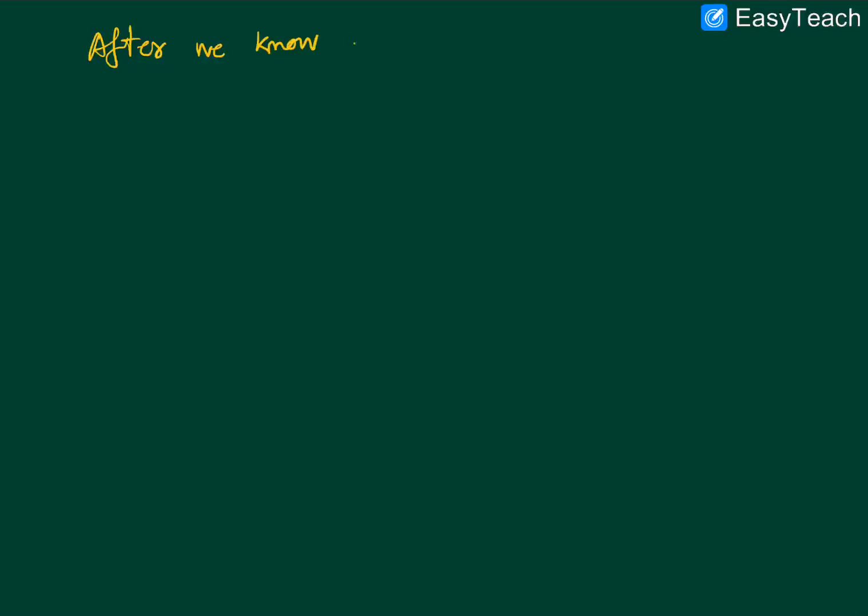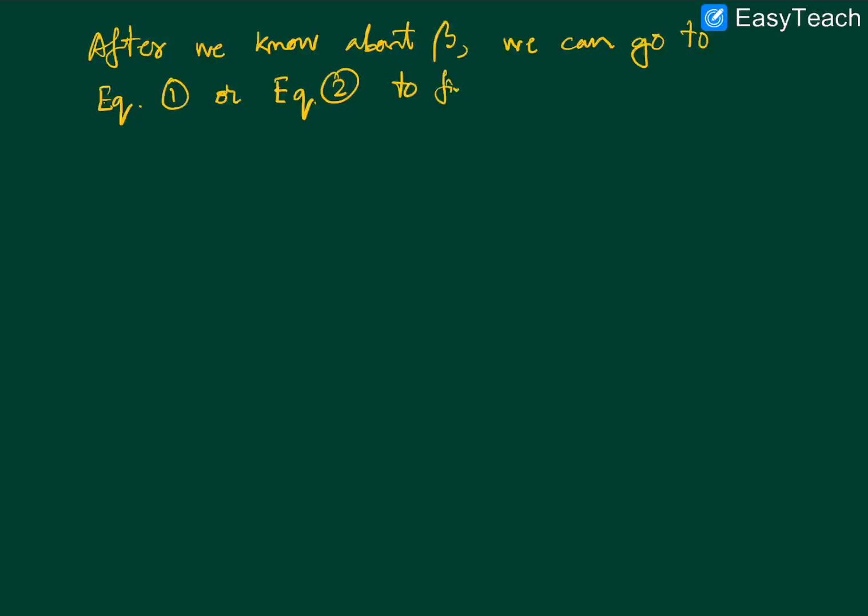After we know about beta, we can go to equation 1 or equation 2 to find out the expression for k.